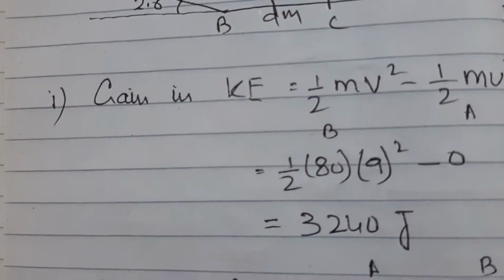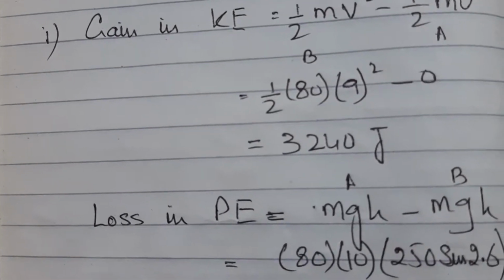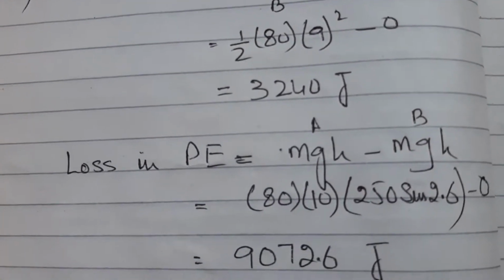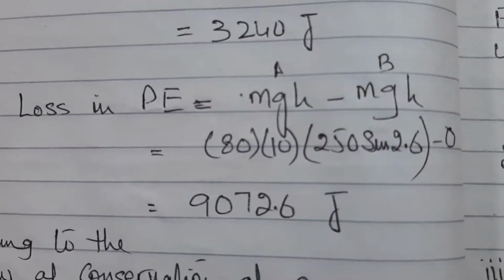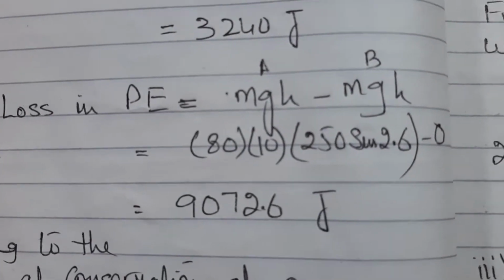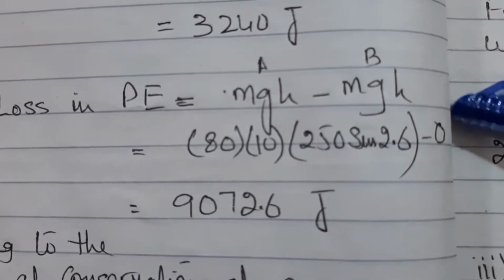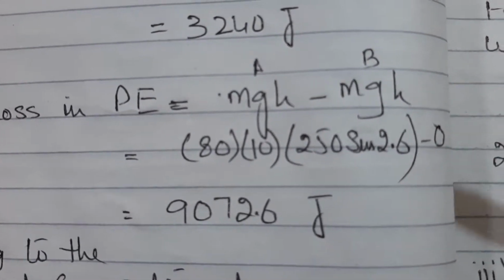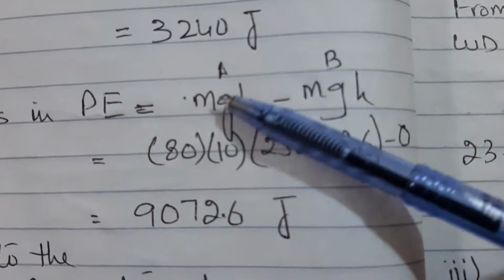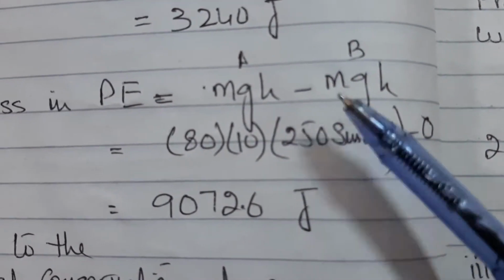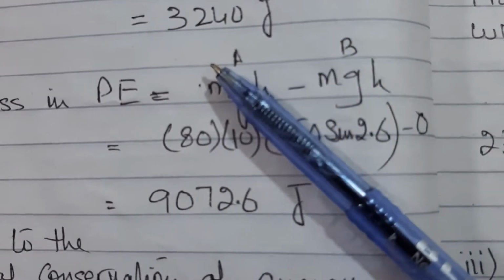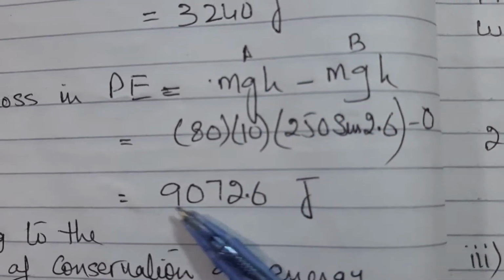So the question is saying find out the loss in potential energy. So I have simply subtracted the potential energy at A and B. At B, because it was on the ground, it was 0, but at A it has a certain height, so it has value. If you do B minus A, it will be minus this.